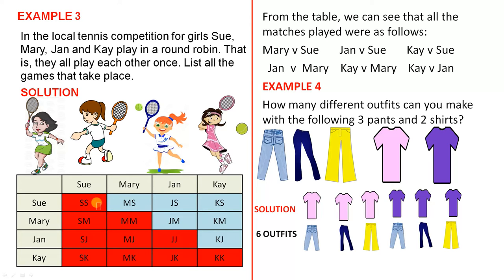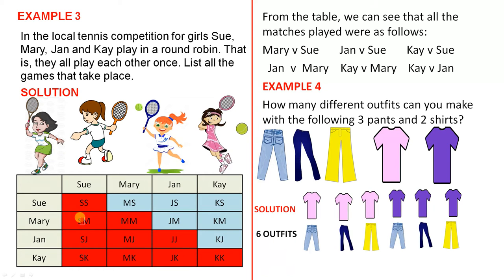Now, notice these ones here that are coloured red and some here are coloured blue. The reason I've coloured the SS red is because Sue cannot play against herself. So that SS doesn't count. The same with MM, JJ and KK because they can't play each other.